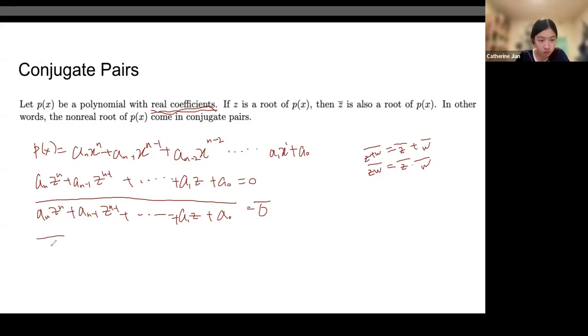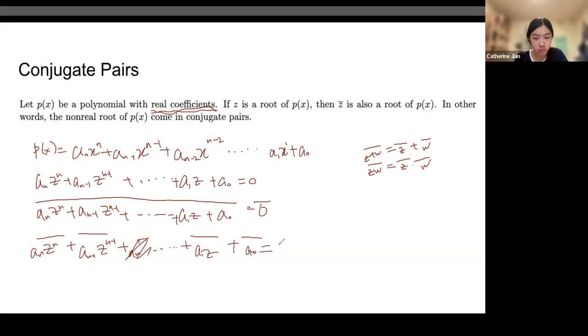So we have the conjugate of a of n c to the n, plus the conjugate of a of n minus 1 c to the n minus 1, plus dot dot dot, plus the conjugate of a of 1 z, plus the conjugate of a of 0 is equal to 0 because, as we said earlier, the conjugate of a real number is just itself. All right.